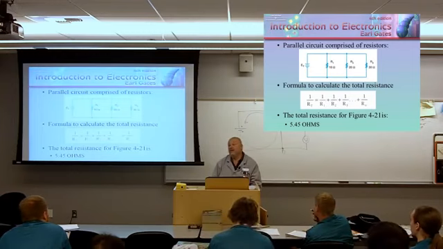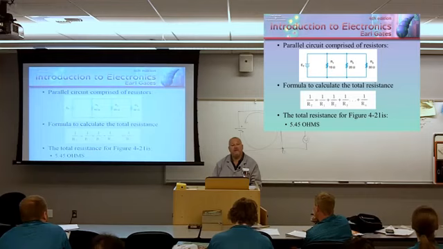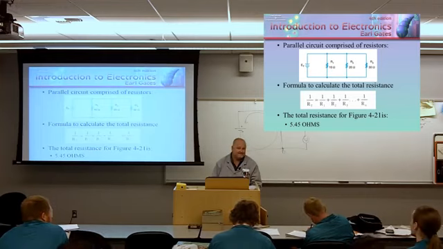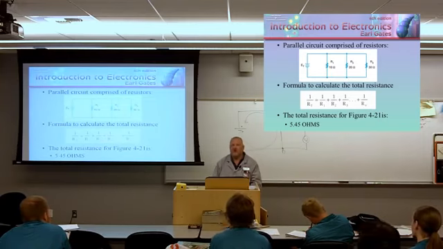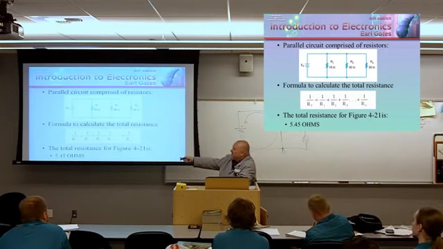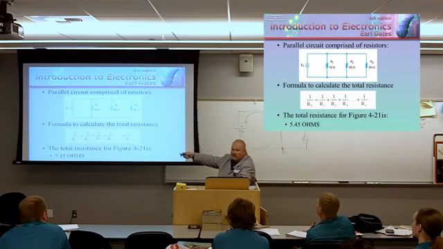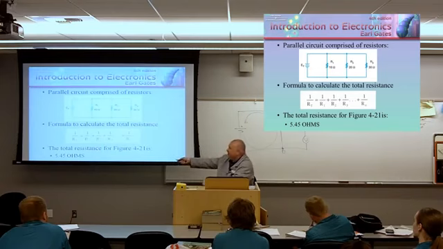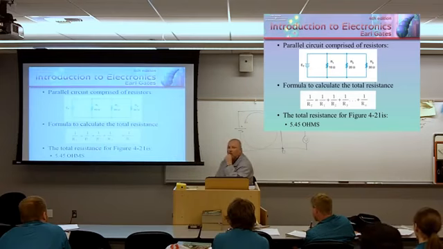Conductivity. Remember that? 1 over R equals conductivity, Siemens, measured in mhos. So by adding up all of the conductivities of all of these branches of a parallel network, then taking the reciprocal of that, we end up with total resistance.